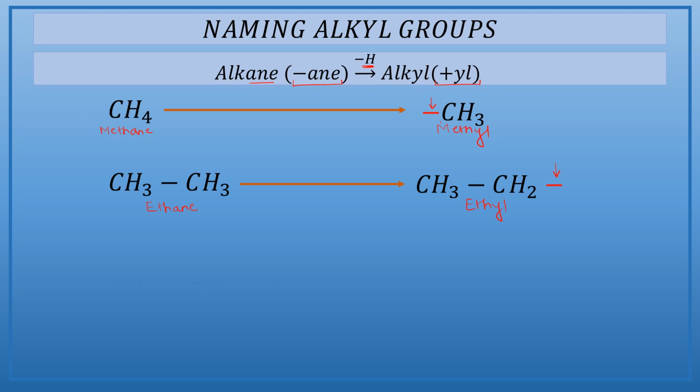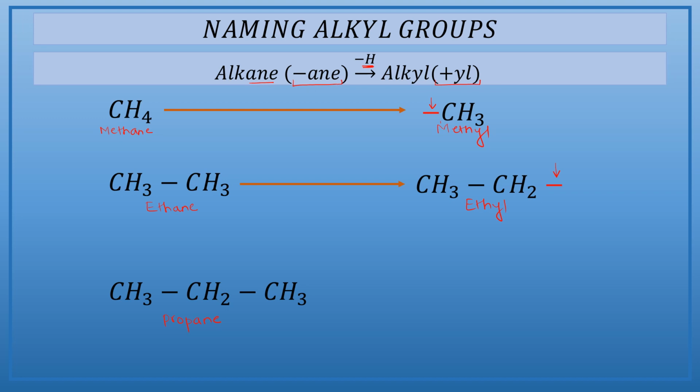Now coming to propane, the third member of the alkane family, we can derive the respective alkyl group by removing a hydrogen atom. But here we have two options to remove the hydrogen atom from.